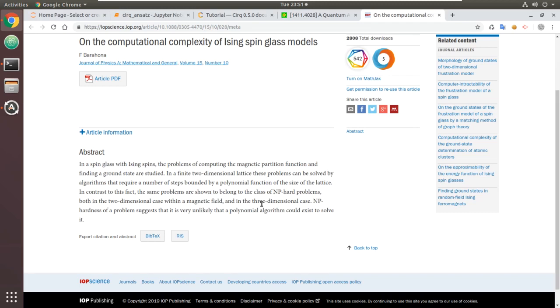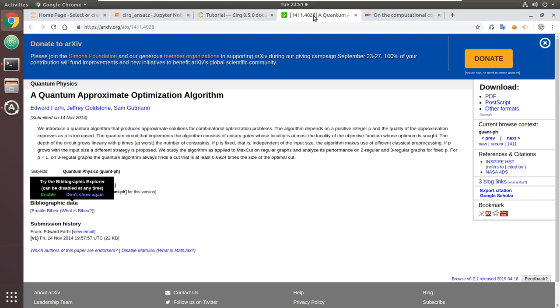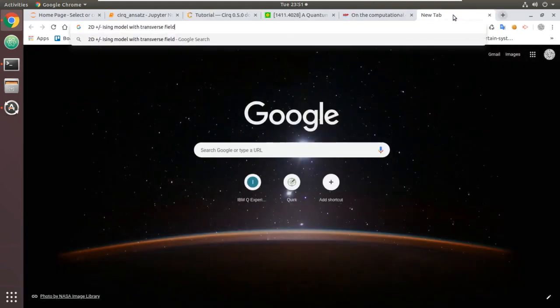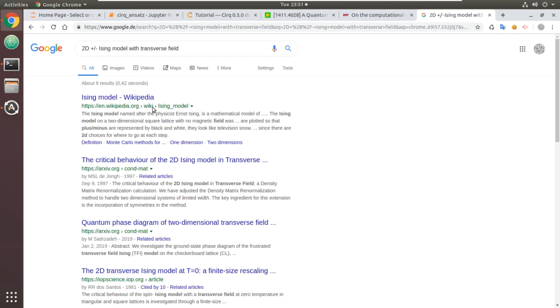NP hardness of a problem suggests that it is very unlikely that a polynomial algorithm could exist to solve it. Okay, Ising spin. So this is a QAOA paper. But what is really, you need to understand the problem first.